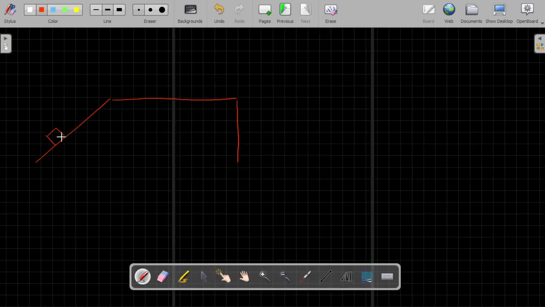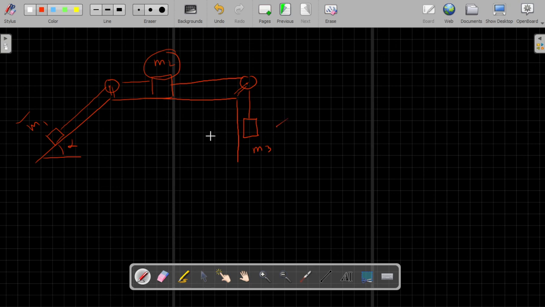This is the mass m1, this is the string, this is the mass m2, and this is the mass m3. This angle is some alpha. So the question is: would m2 affect the relation between m1 and m3 for the system to remain at rest?